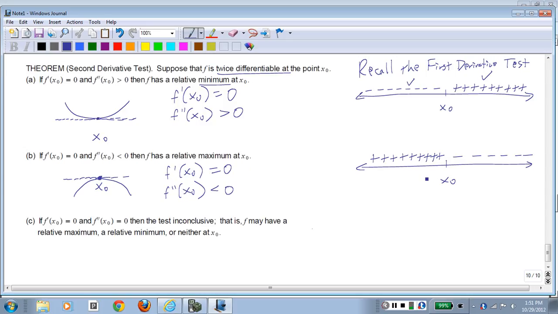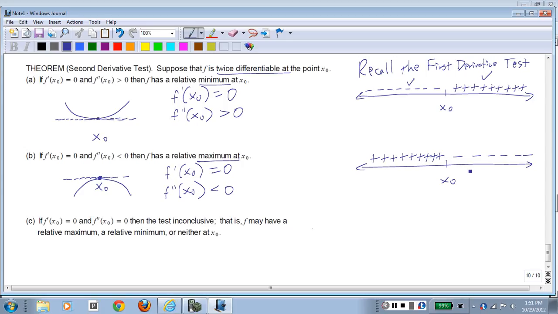We don't have to say what's going on to the left or what's going on to the right, like we do in the first derivative test. We just need to know what's going on at x sub 0, and we could say relative maximum right there.